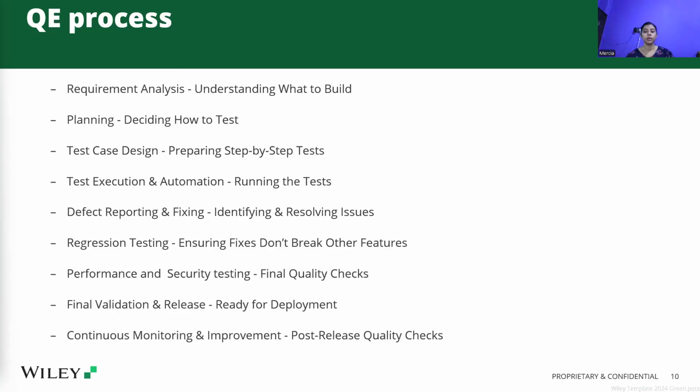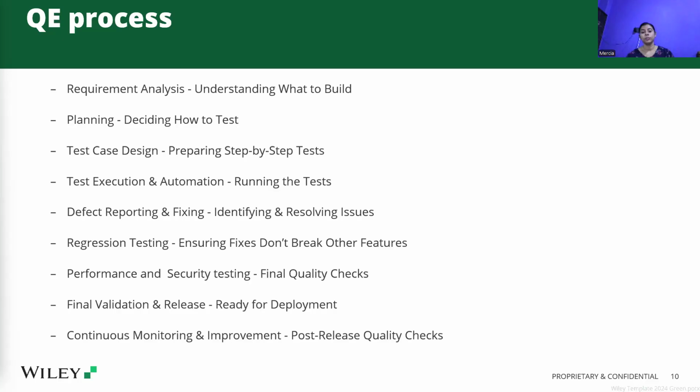And also if any issues are found, we should report them. Then comes the defect reporting and fixing. Once we identify the defects, we should have a clear defect created and documented with the steps to reproduce, with screenshots, maybe some videos, and then we submit that to the developer.